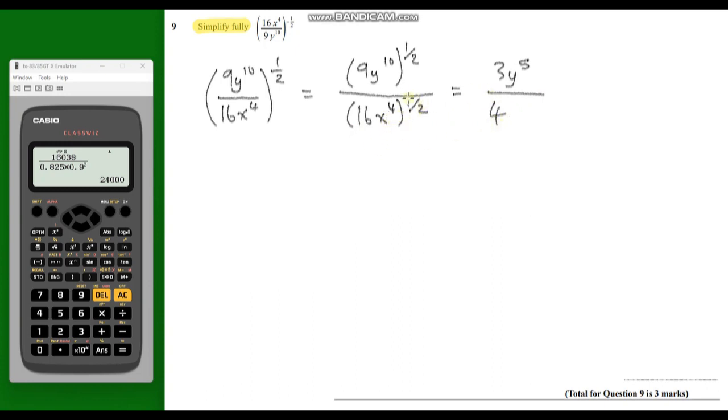And then we're going to multiply our indices. So it's going to be x to the power of 4 times a half, which is 2. And I don't think we can simplify that anymore because we've got different variables in the numerator and denominator. So that is our answer. So we've got 3y to the power 5, all of that over 4x squared.